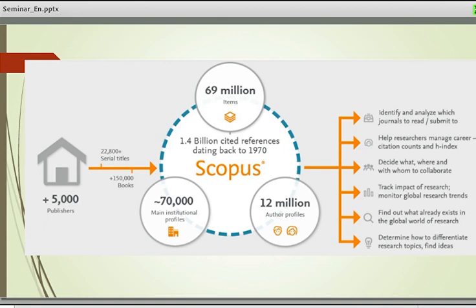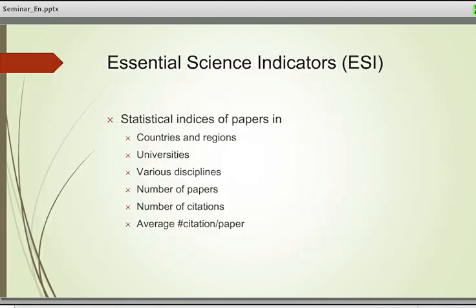So it's a huge database of scientific papers, with 1.4 billion references from 1970 onward. This way you can analyze the journals, decide whether the journals are good or not, find collaborators, people who work in a particular area, and so forth.